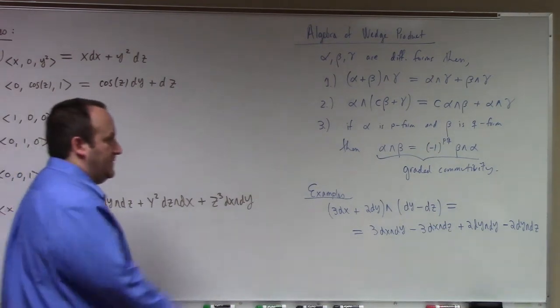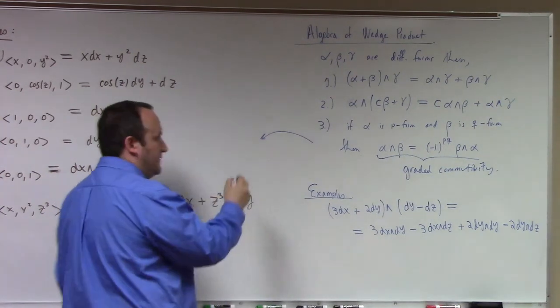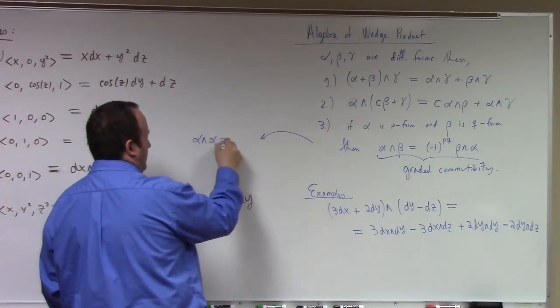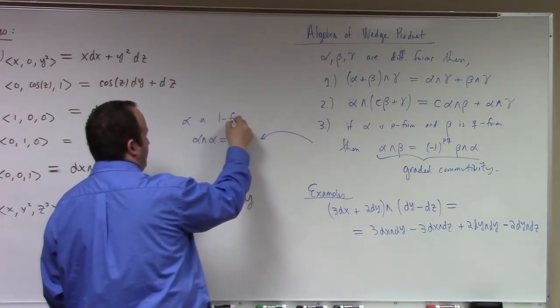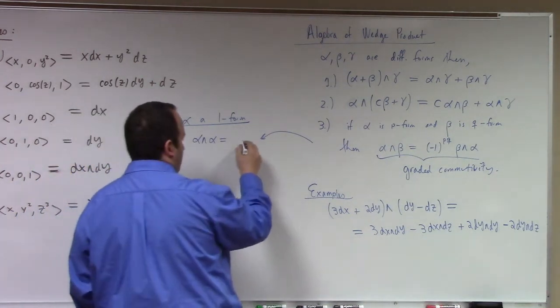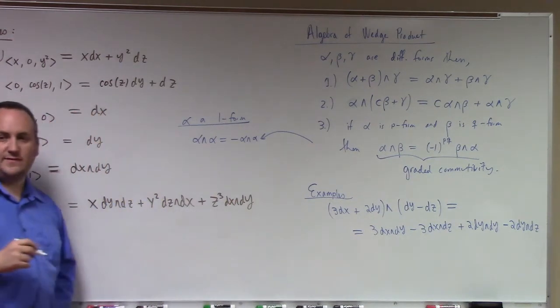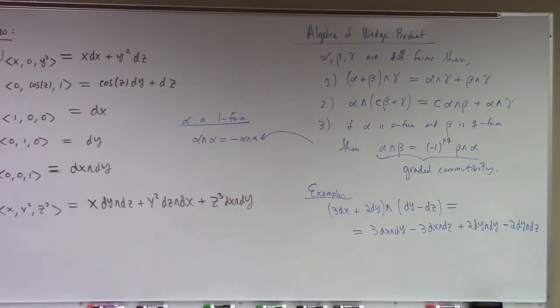But if you think about this, what happens when you take a 1 form with a 1 form? If I take alpha wedge alpha, a 1 form, what happens? Alpha wedge alpha is equal to minus alpha wedge alpha. What's that mean about alpha wedge alpha? Right. So this notion of wedge product is a generalization of the cross product, so it shouldn't be too surprising that the wedge product of something with itself could be 0, because it's kind of like a cross product.